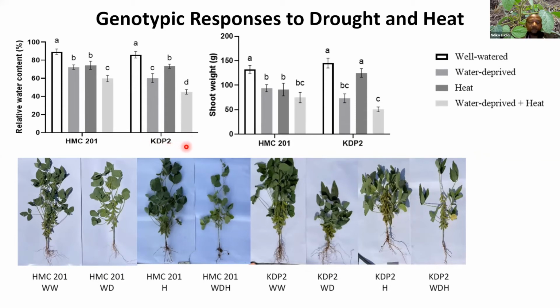As I said, they are contrasting because they respond very differently to drought stress alone, or heat stress alone, or a combination of these two stresses. So that is currently what we are busy with, the proteomic profiling of the two genotypes, simply because they are the ones with the most contrasting responses to the stresses.